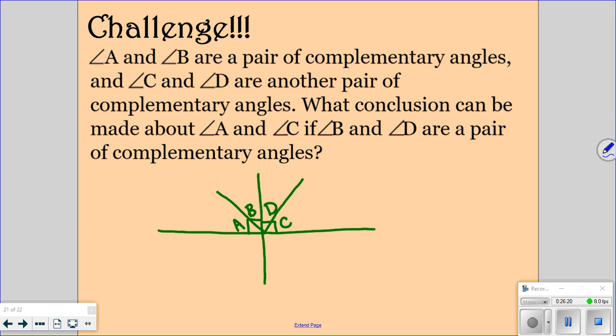And then they also tell us that BD has to be a right angle. So that means that this one and this one are also going to be a right angle, because all four of these have to add up to 180 degrees, and two of them equals 90, so the other two have to equal 90 as well. So that's the answer for the challenge question. A and C are also going to be complementary angles.